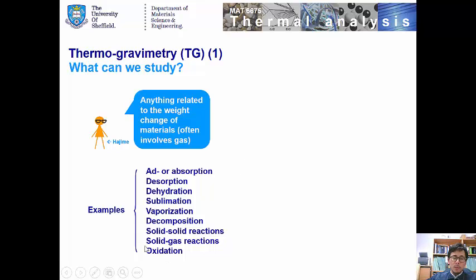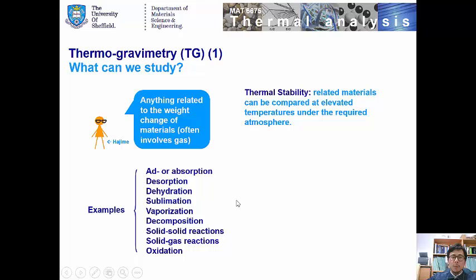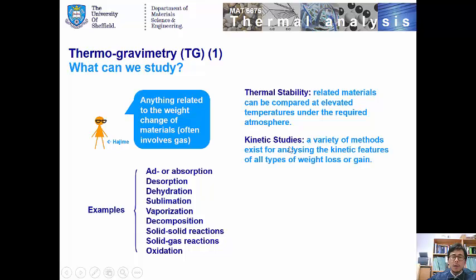Oxidation is also studied because it involves oxygen in the atmosphere. So people tend to use this technique, TG, to study thermal stability of materials. This technique can be used to study kinetics of certain reactions, for example, oxidation or decomposition.